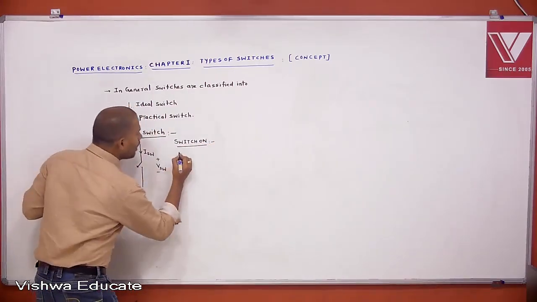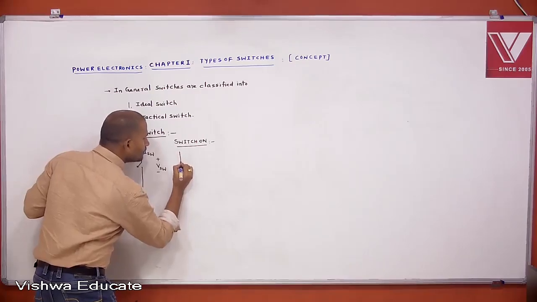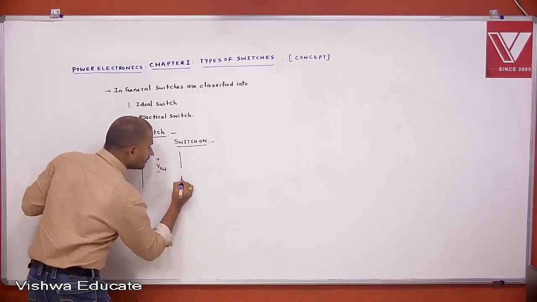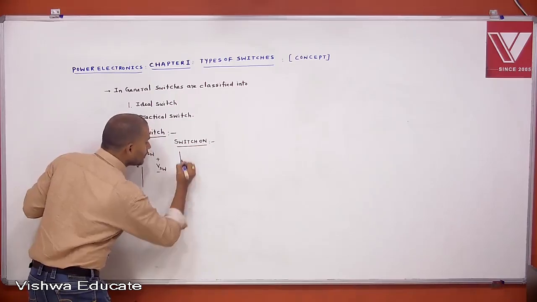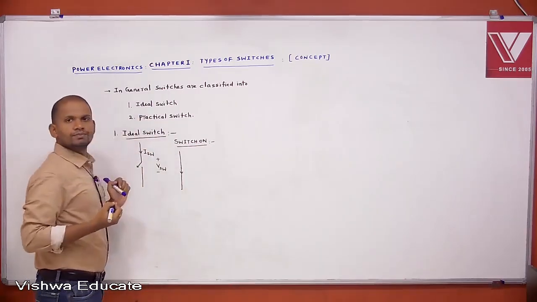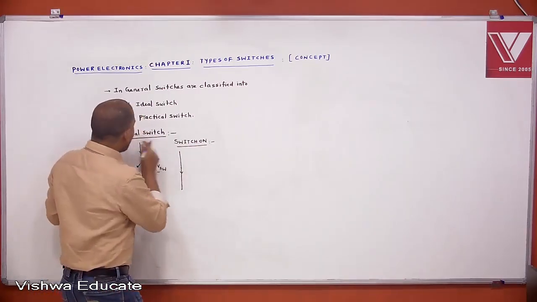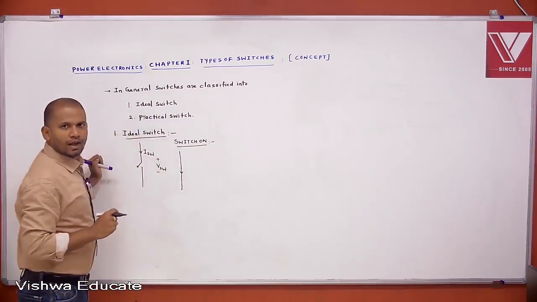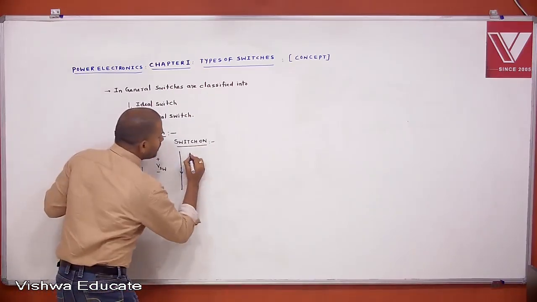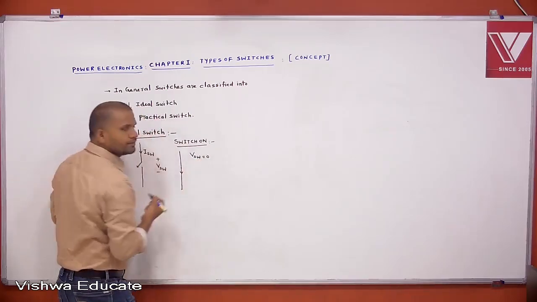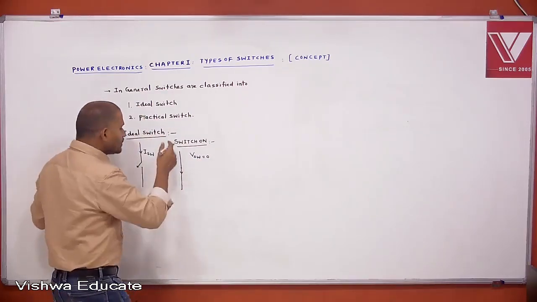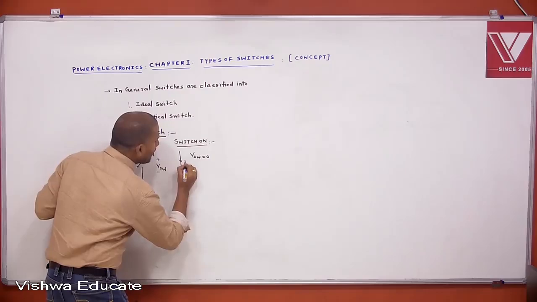If the switch is on, this is a closed switch. Here I am talking about ideal switch. What is the voltage across the switch? 0. If the switch is in on condition, it carries current.